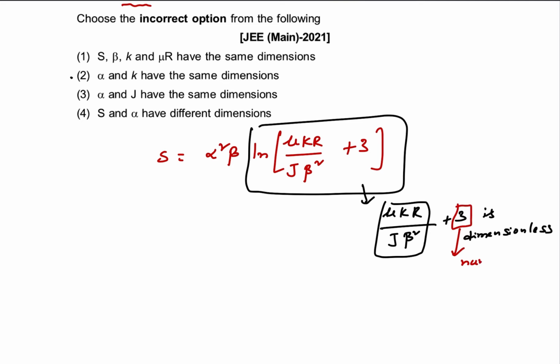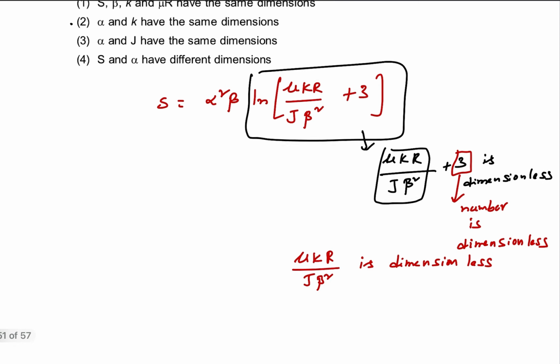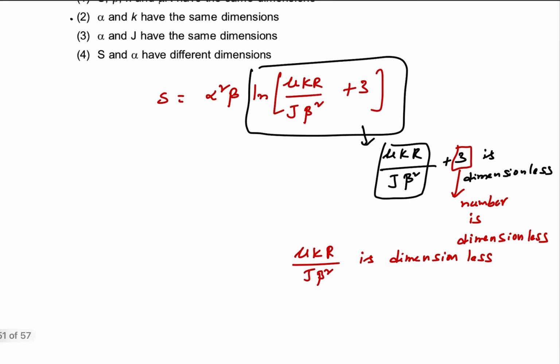Again, 3 is a number, and a number is dimensionless. You can write mu k R divided by J beta square is dimensionless.